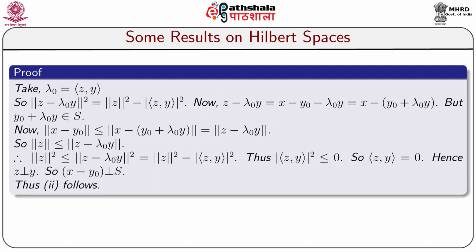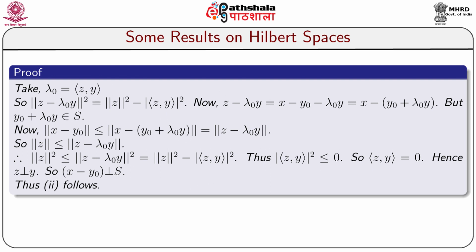Take lambda not equal to inner product z comma y. So, norm of (z minus lambda not y) square equals norm z square minus modulus of inner product z comma y square. Now, z minus lambda not y equals x minus y naught minus lambda not y, as z is assumed equal to x minus y naught.